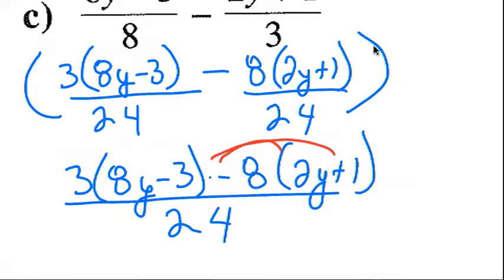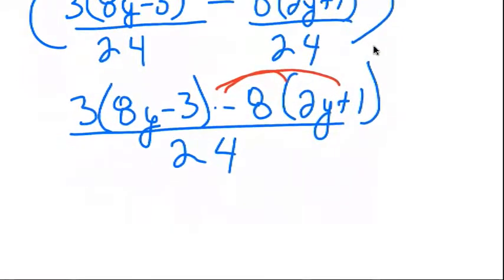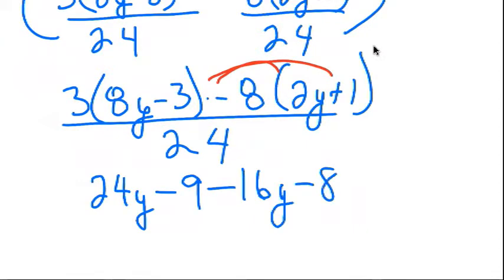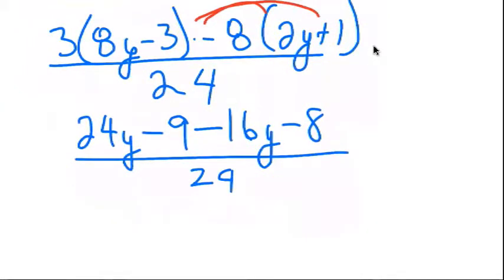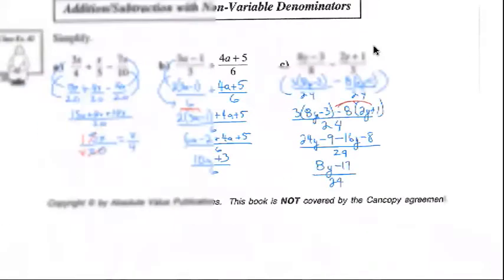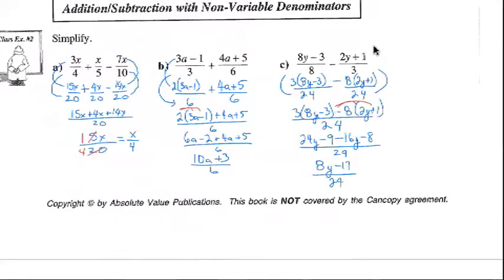So just be aware, be careful. 3 times 8y is 24y. 3 times 3 is 9, minus 16y minus 8, all over 24. 24y minus 16y is 8y. Negative 9 and negative 8 is negative 17, all over 24. Nothing simplifies, nothing reduces, so at this point we would be complete.